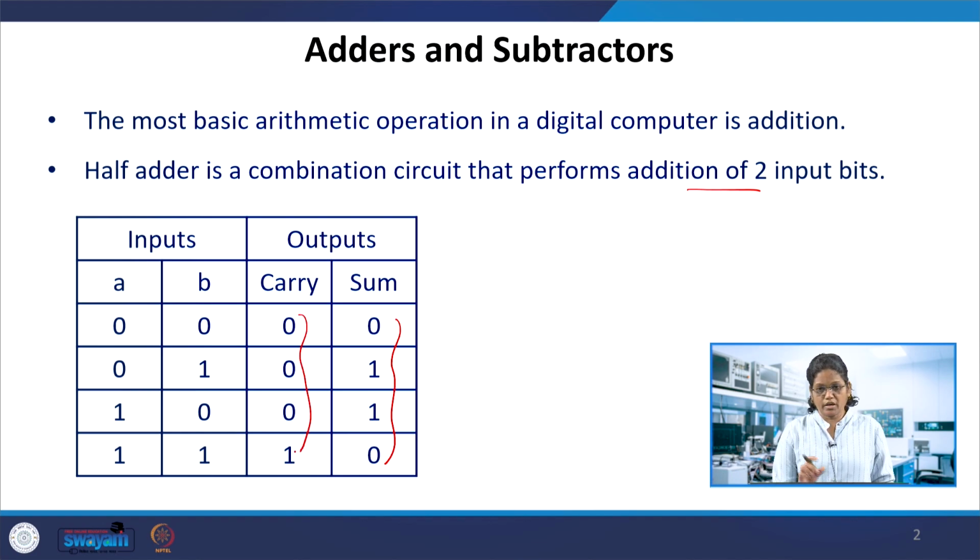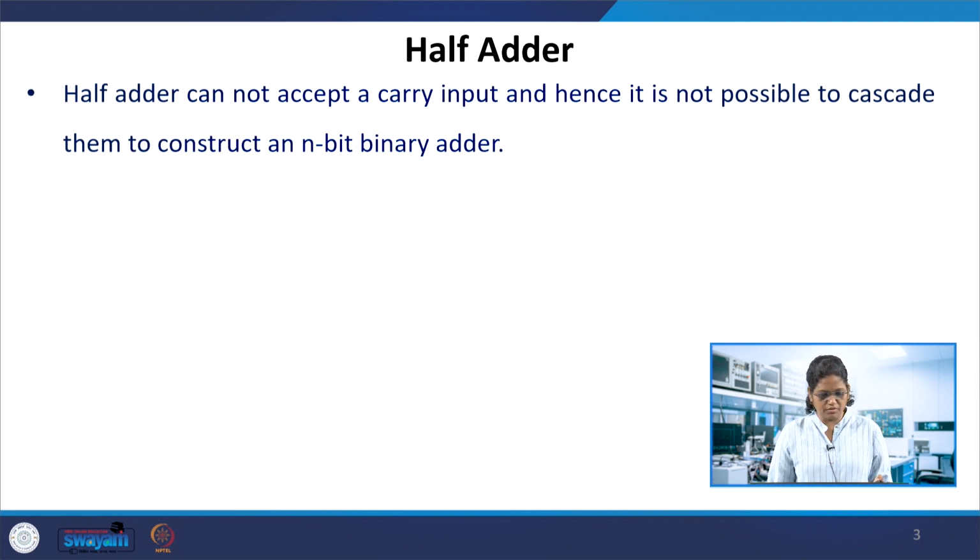So we use one XOR gate and one AND gate, instantiate them and make a half adder, and then using two half adders we can also make the full adder, or 1-bit adder. In the half adder, it cannot accept the carry, as I said. So it is not possible to cascade half adders in order to make n-bit binary adders.